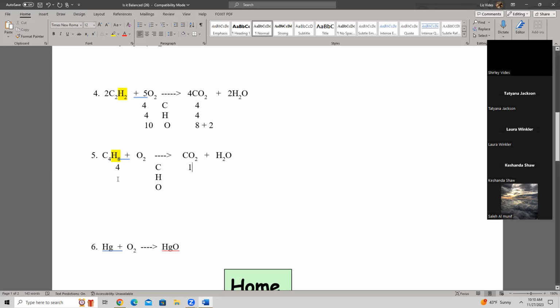That's how we start. On this side, we have 8 hydrogens. And on this side, we only have 2, right? Okay, 2. On this side, we have 2. And on this side, we have 2 plus 1, because we have them separated, right?